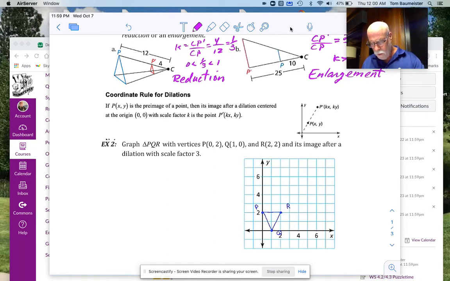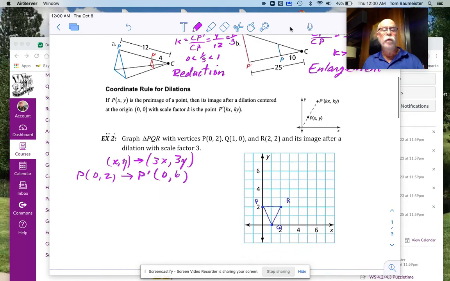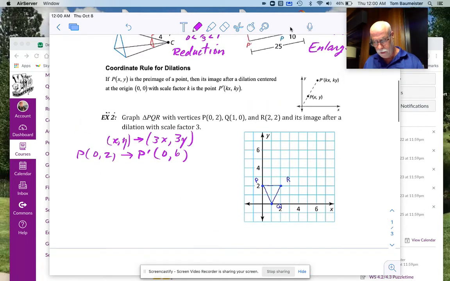So what we're looking at here is that (x, y), whatever my point is, will go to (3x, 3y), so 3 times x and 3 times y. So if I take my P, which is at (0, 2), that'll map onto P prime, which will be 3 times 0 is 0, and 3 times 2 is equal to 6. Now, with the scale factor of 3, you know it's going to be larger, correct?